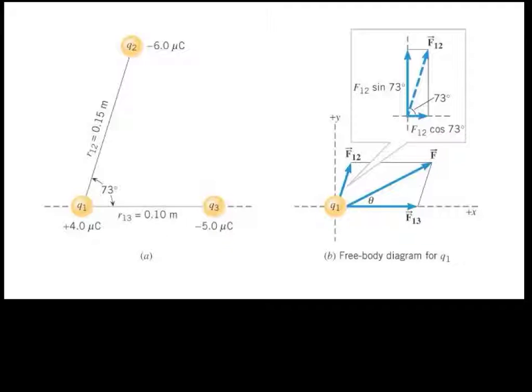The force exerted on Q1 by Q3 is also attractive, and it points along the line between Q1 and Q3. Remember, force acts along the line. Coulomb's law gives the magnitudes of these forces, and the net force is the vector addition of the two. Since the forces point in different directions, we're going to use vector components to find the net force. On the next slide, we'll do the math.